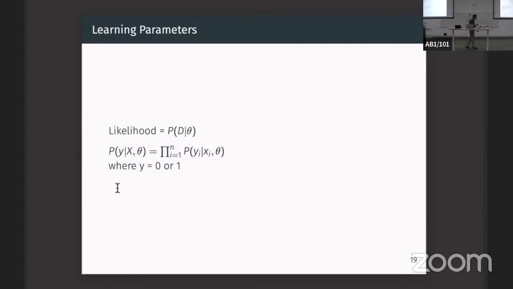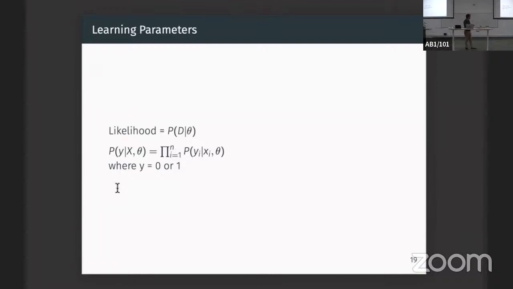And what is the procedure that we use to obtain the loss? Maximize what? The likelihood, right? Now, what is the likelihood for the logistic regression problem? So likelihood is P of D given theta. We again apply what? The IID assumption.